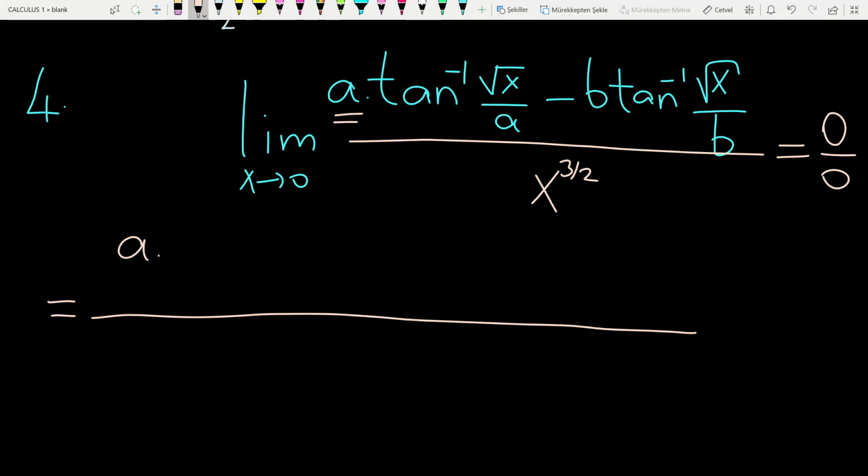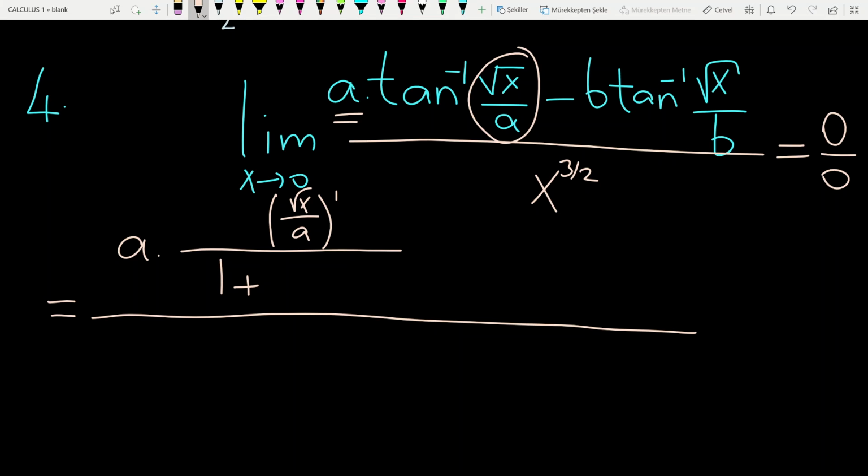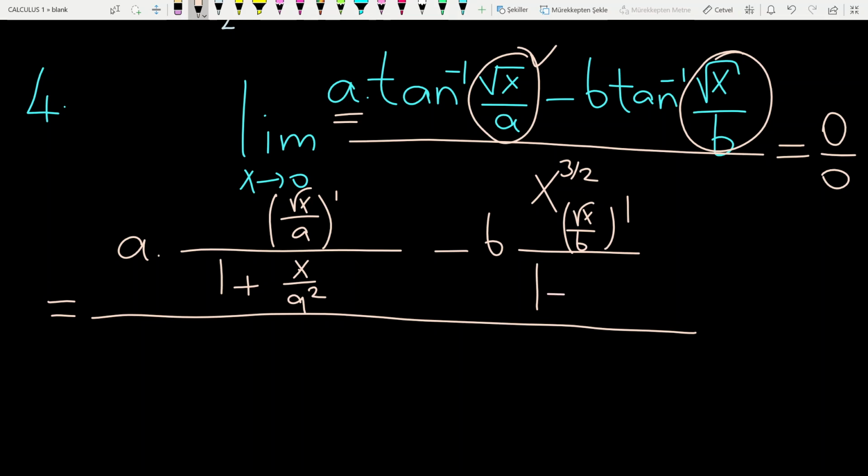The derivative of arctangent of square root of x over a is equal to the derivative of this expression with respect to x over 1 plus the square of this expression, x over a square, minus b times the derivative of this expression over 1 plus the square of the same expression, x over b square.